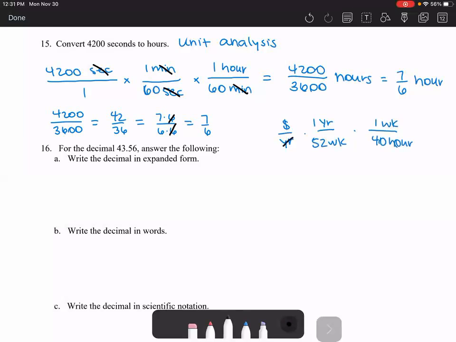So your years will cancel and your weeks will cancel, and you'll have dollars per hour left over. Some of the questions in the book and on the homework were a little bit more complicated, where you had rates to rates. Any other questions?